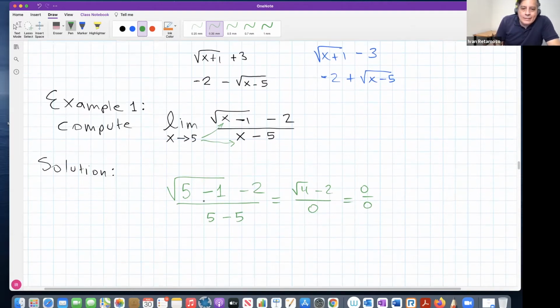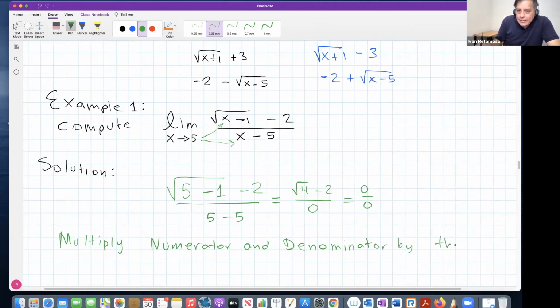Okay, so then now the strategy is going to be this. Multiply numerator and denominator by the conjugate of this guy. Let me highlight. Why are you taking the numerator, Professor?